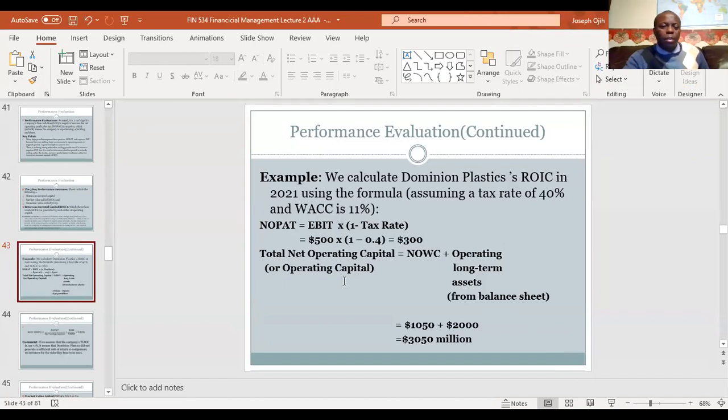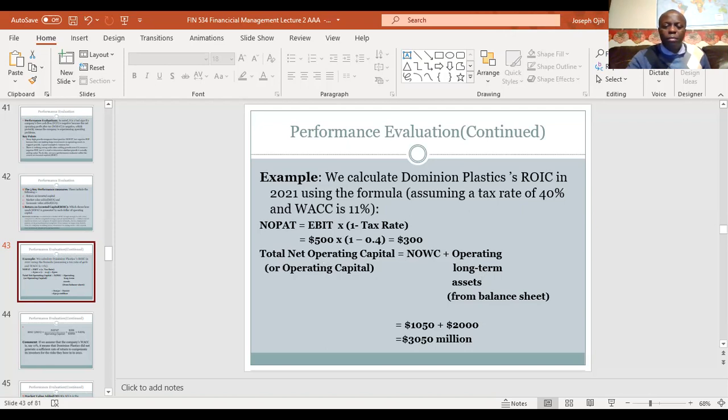So now, the next thing we need to get is the operating capital, which is the total net operating capital. The formula is net operating working capital plus operating long-term assets.